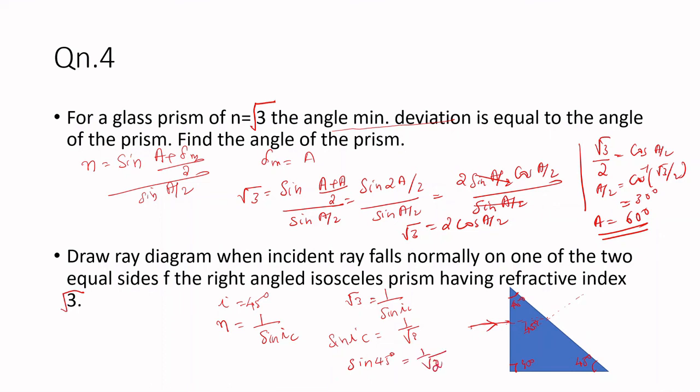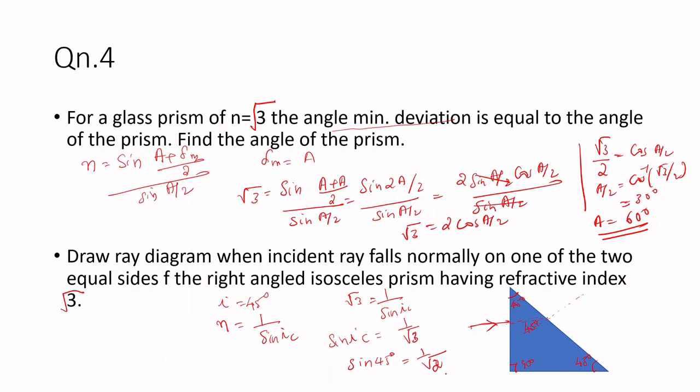What we can conclude from here is sine IC is 1 by root 3, that we got from the n equal to 1 by sine C equation, and for the angle of incidence, sine I is equal to 1 by root 2.